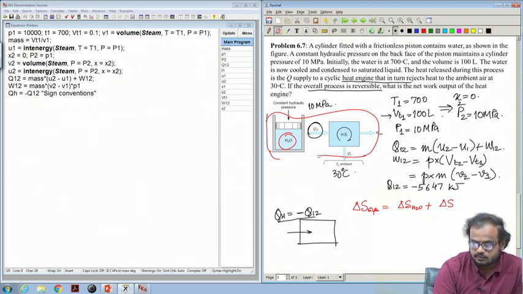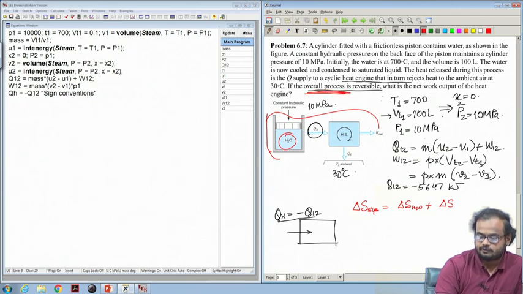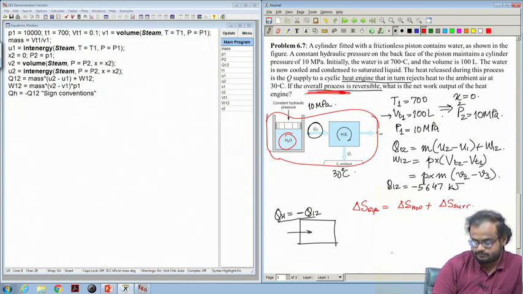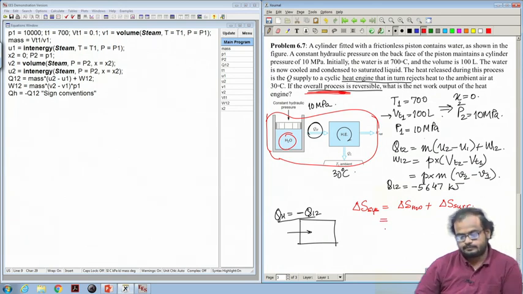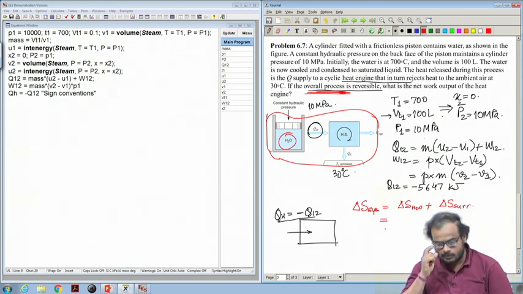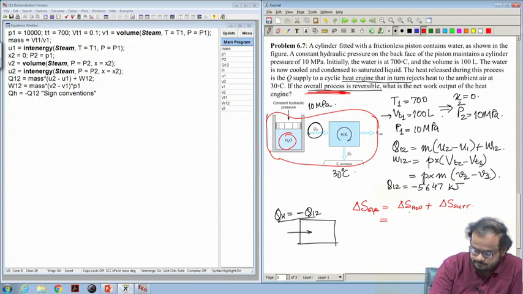Because we have been given that the overall process is reversible, we also have to include the heat transfer to the ambient, delta S of the surrounding. So what do we have? Delta S of the water is mass times S2 minus S1.